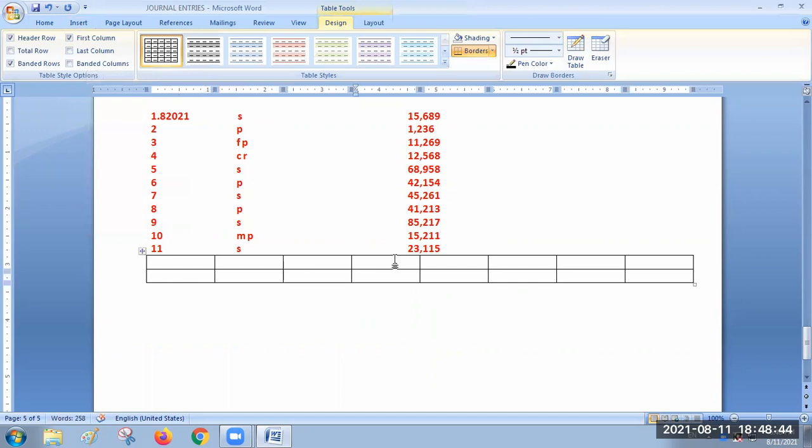Okay, directly this side I am writing 15,689 to cash account. Purchases means this side. By purchases 1,236.